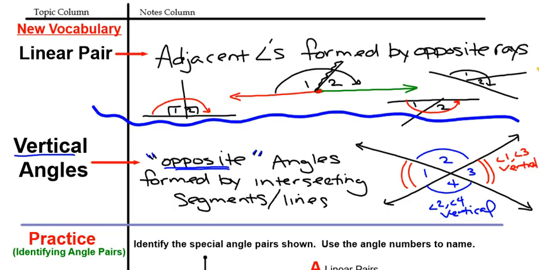Now, when we study these more, we will discover that vertical angles are always equal. That right there is something that you need to know. So, whether you got it now or you get it in a little bit, make sure that you always know vertical angles will always be equal.